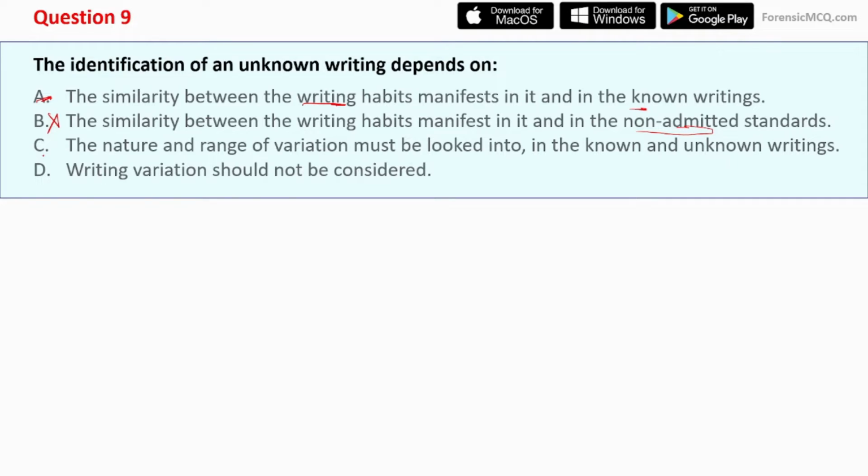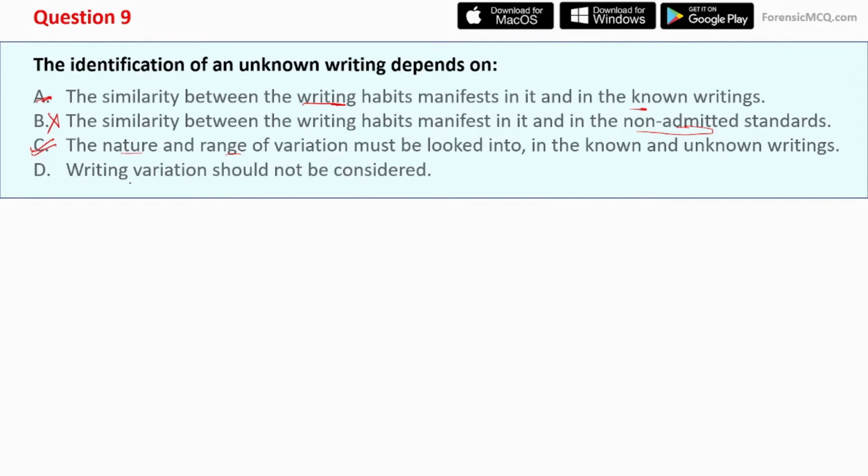Now option C, the nature and the range of variations must be looked into in the known and unknown writing. This is correct, because natural variation is a must to look at when comparing handwritings. So option C is correct. Moving to option D, writing variation should not be considered.